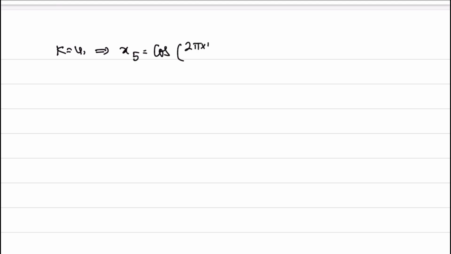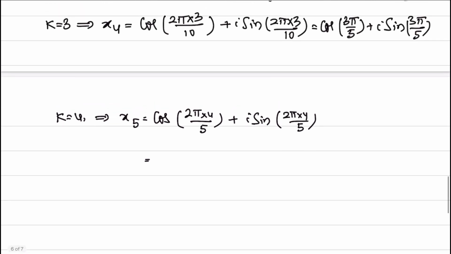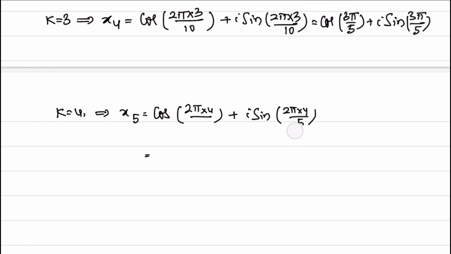Cos 2 pi into 4 by 10, sorry, it is 4, not 5, and it is 10, it cannot be 5.